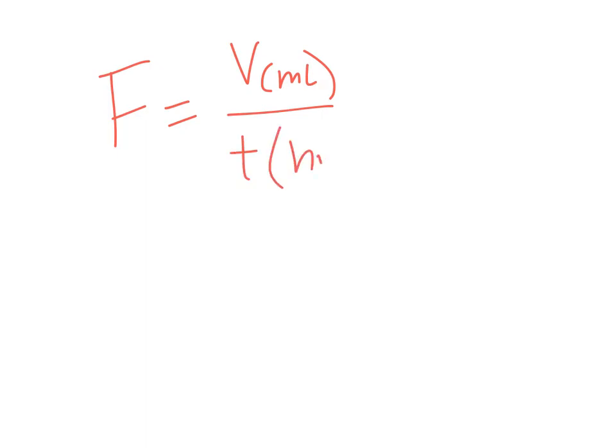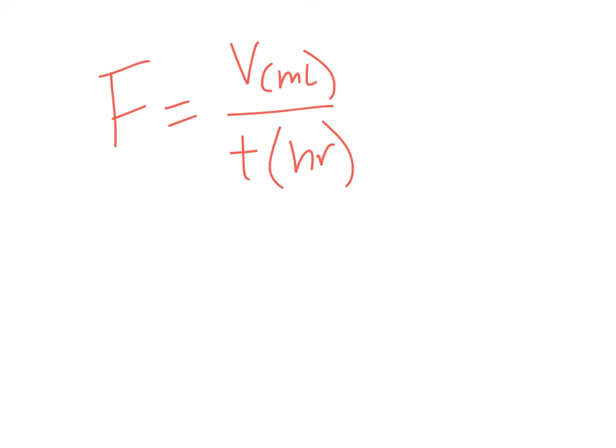For flow rate, we just talked about how in order to calculate milliliters per hour, you need a volume and a time. Since I'm calculating milliliters per hour, make sure your volume's in milliliters and your time is in hours. In this problem, we were given volume and time, so that's how we could calculate flow rate.